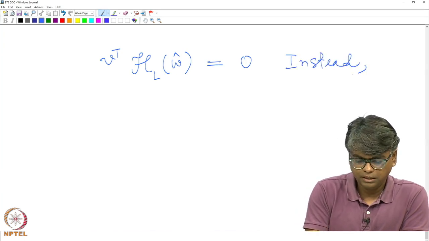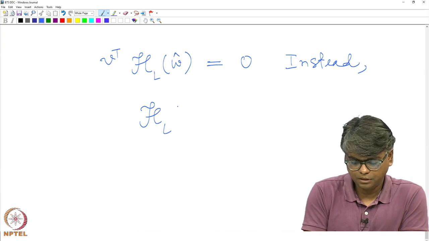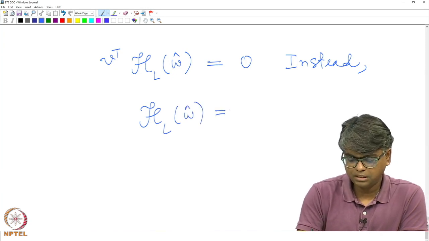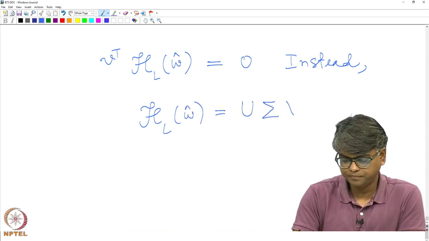what we do is look at this H_L(W hat) and find its singular value decomposition.